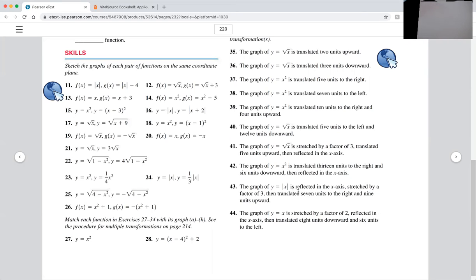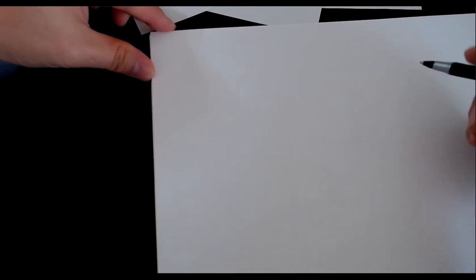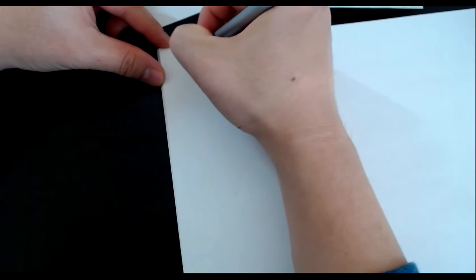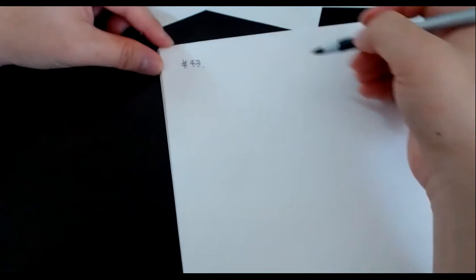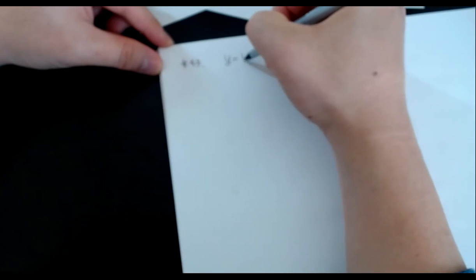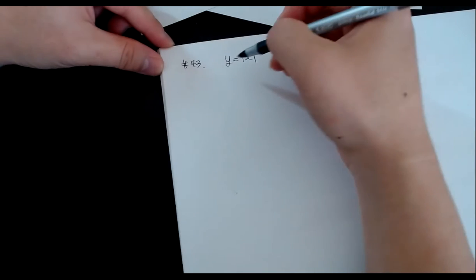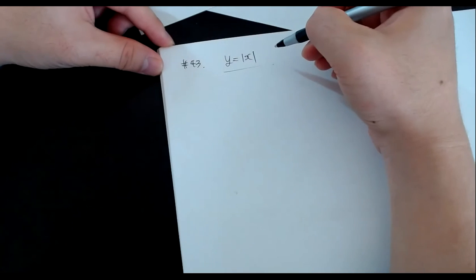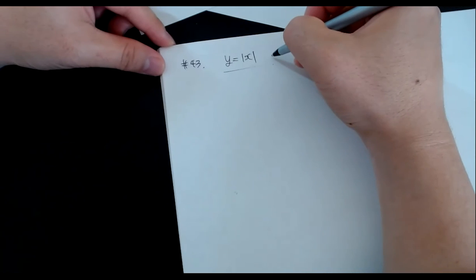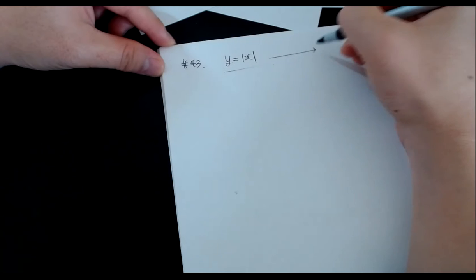Okay, let's figure out the function, the graph, after transformation of that absolute value. So y is equal to the absolute value of x is given. What they say is reflect in the x-axis.